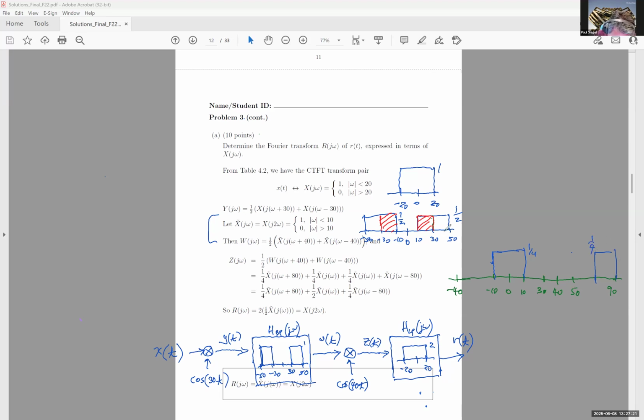And then when we shift to the left, the 30 to 50 is going to go again to the minus 10 to 10. So this is going to end up getting added another copy. And then we'll have some stuff over here on the sides.